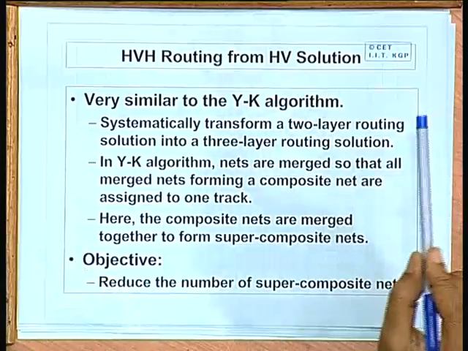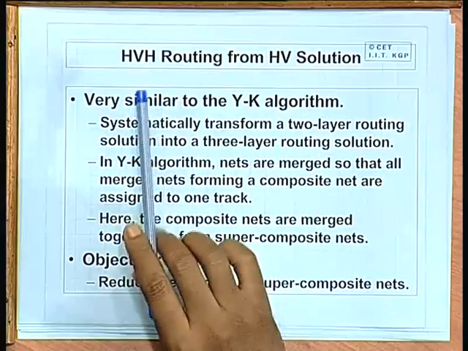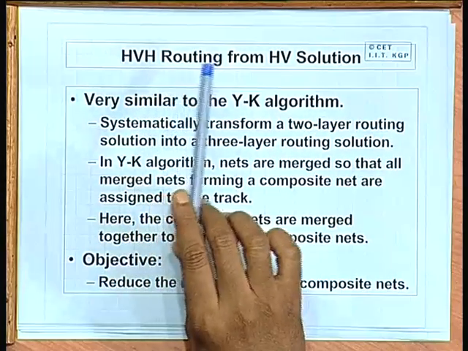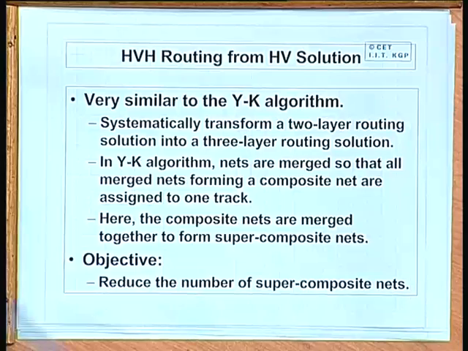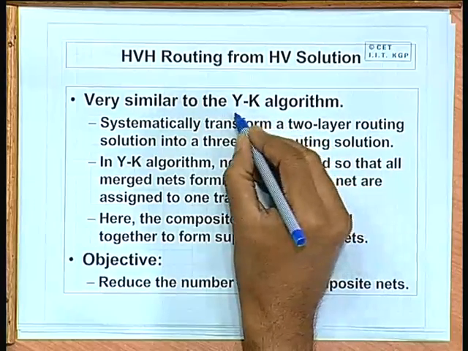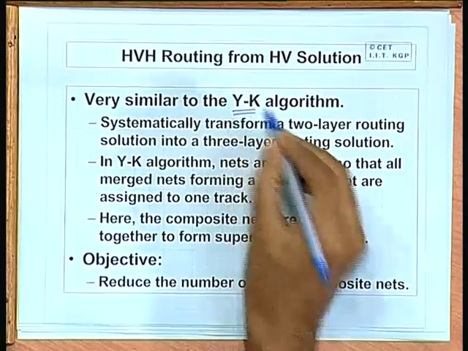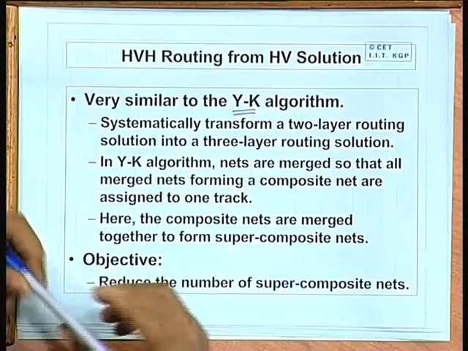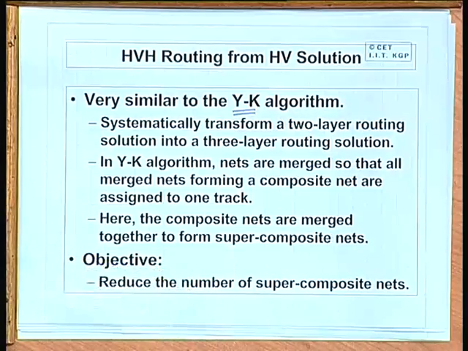Okay. So, this method again is conceptually similar to the Yoshimura and Ku algorithm. Well, let us try to recall what the Yoshimura-Ku algorithm did. We have a number of nets.